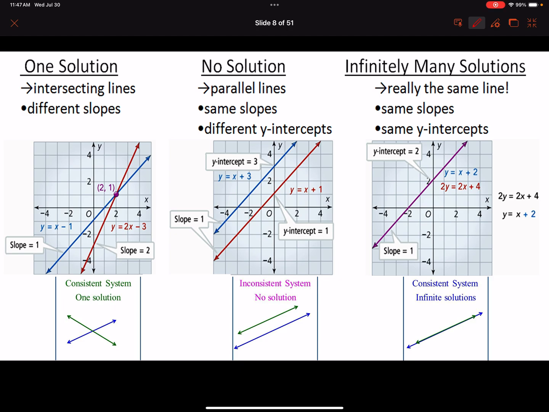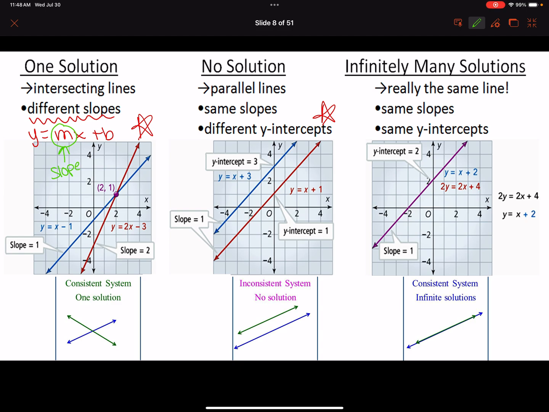Okay, moving back to our graphs, we saw these at the beginning of this lesson. We're going to keep using these. Our goal is to make some graphs that look like this. Probably like this, where we're not really going to make the infinitely many solutions graphs, but we're probably going to be making these first two. I just really want to highlight that even before you graph anything, you can know the type of solution. If the slopes are different, remember, if this is y equals mx plus b, m always is our slope.